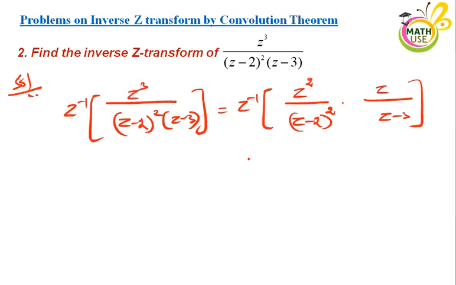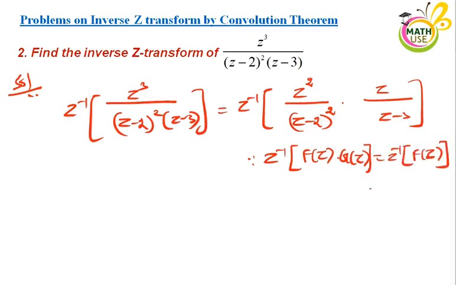And by applying the convolution theorem, the statement is: Z inverse of F(z) into G(z) is equal to Z inverse of F(z) star Z inverse of G(z). This is the statement of the convolution theorem.